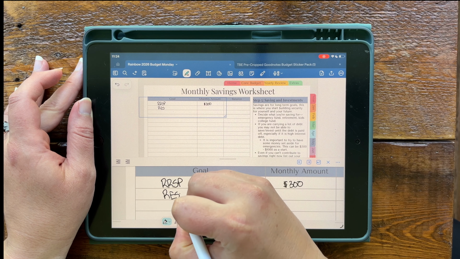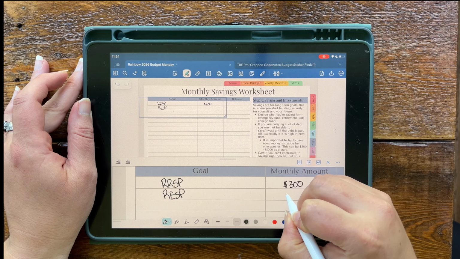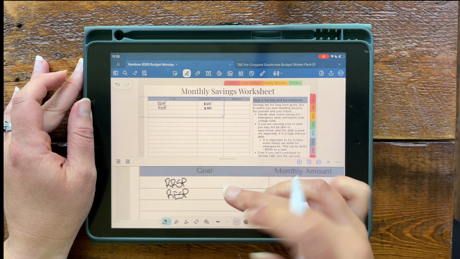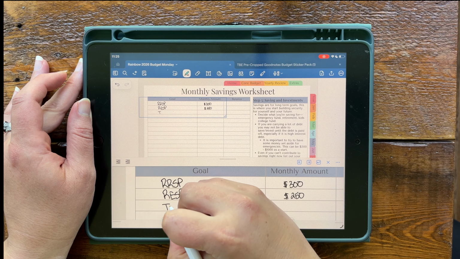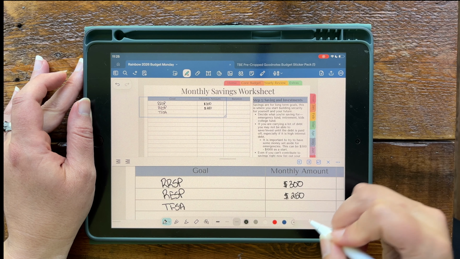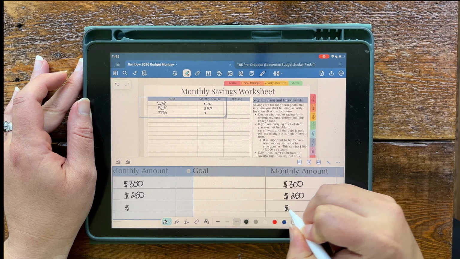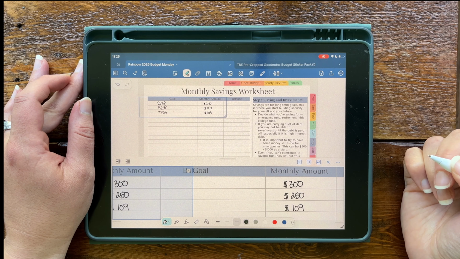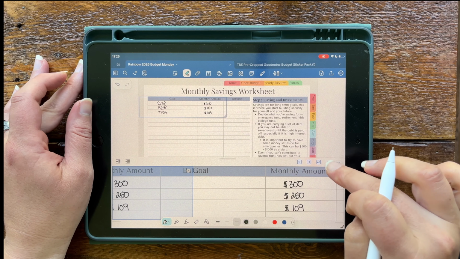An RESP for our 2 children, and we contribute $250 per month to that. And most recently, I have started investing in a TFSA through Wealthsimple, doing self-directed investments, and I'm doing $50 per pay into that, so that works out to $109 monthly.